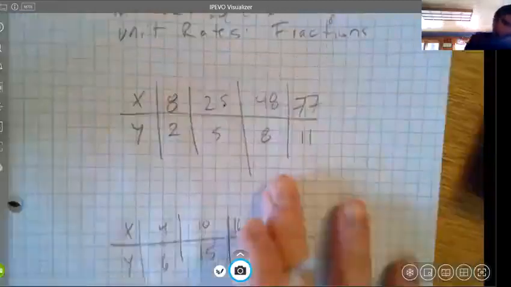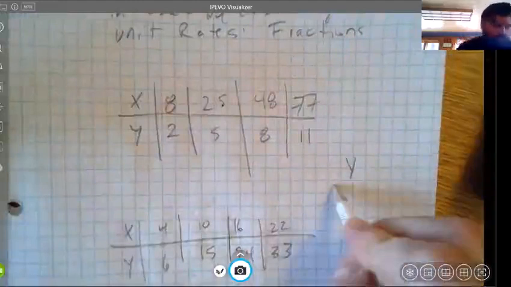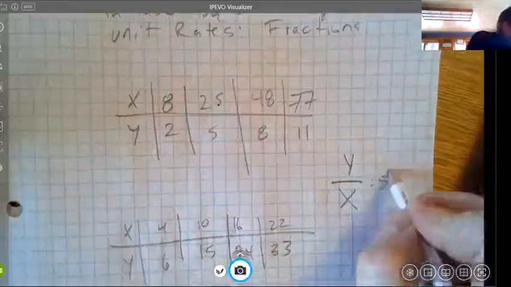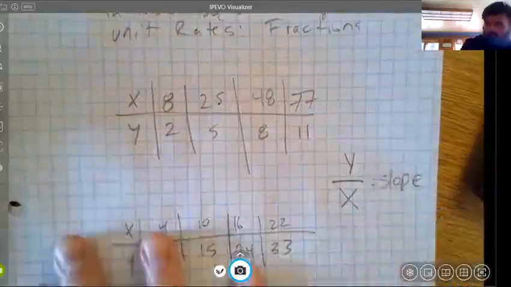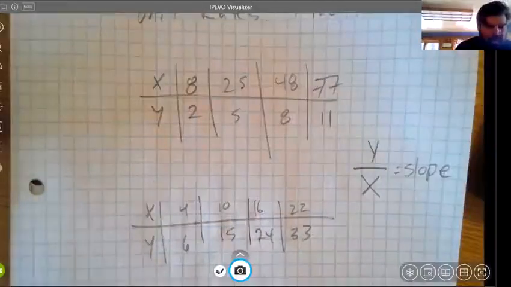Okay, so you are setting up, and you are correct in setting up y over x, okay, because this gives us our slope, all right? And when my slope is the same in relationship to all of my points on all of my ordered pairs, then I know that it's proportional. That's one way to know that it's proportional.